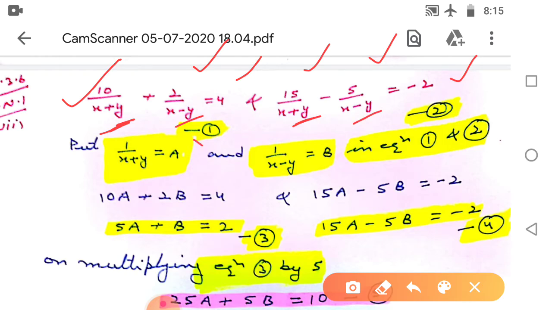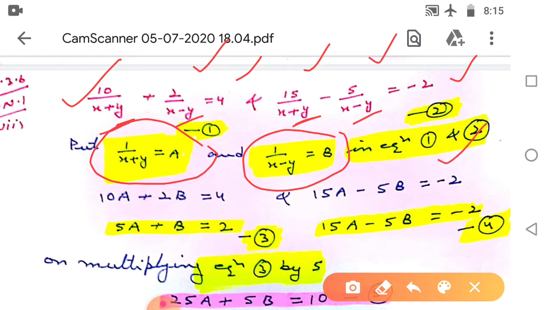So let a is equal to 1 upon x plus y and b is equal to 1 upon x minus y in equation 1 and 2. On putting the value of 1 upon x plus y is equal to a and 1 upon x minus y is equal to b in equation 1 and 2, we get 10a plus 2b is equal to 4 and 15a minus 5b is equal to minus 2.